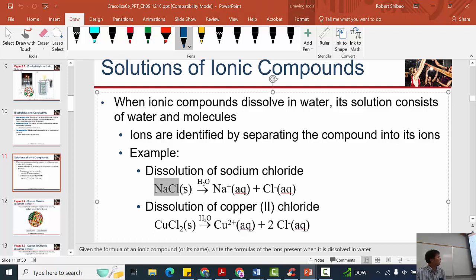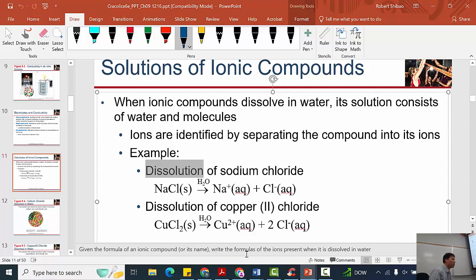So sodium chloride, is sodium chloride soluble? Yes. Not as a solid though. It's not going to conduct electricity as a solid, but if you dissolve it, it will. And so this is called dissolution. Dissolution is just dissolving. I don't know why they don't call it just dissolving. But dissolution means dissolving of sodium chloride.